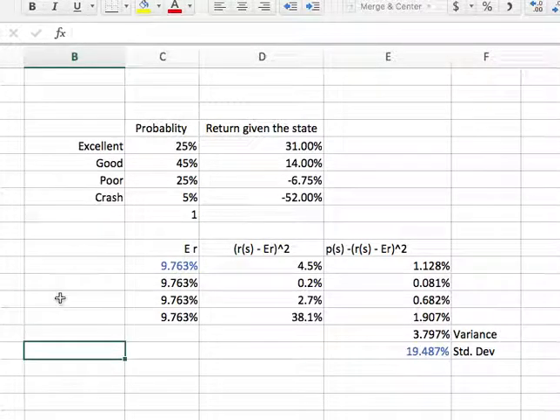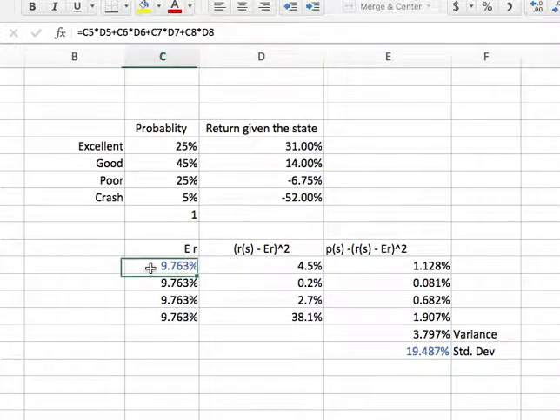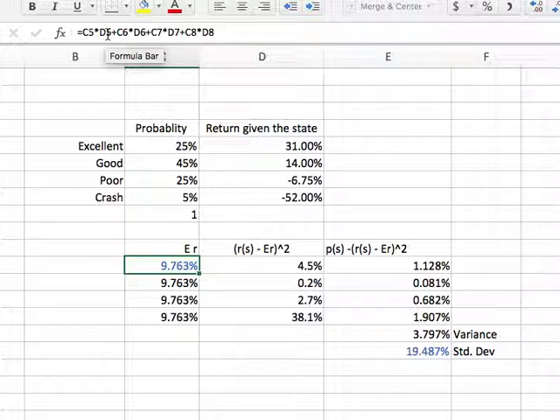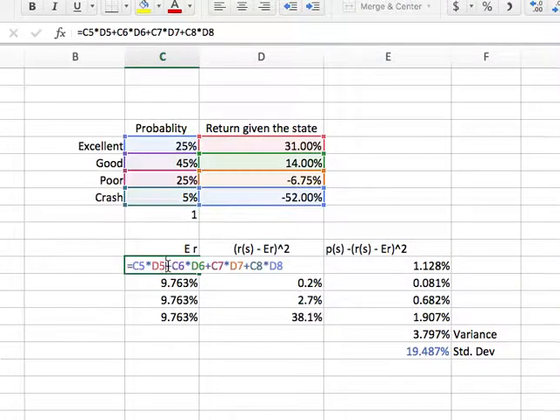So here's how we did this. The expected return, as you know, is C5 times D5, which in this case is the probability times the state. So C5 times D5 plus D6 times C6. So you can see the formula up here, and you can see that it's very easy to set this up once this is done.